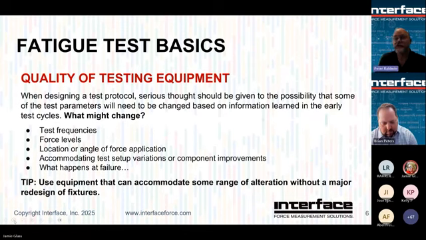The test frequencies themselves, the force levels on a given test, location or angle of the force application, accommodating the test setup with variations or component improvements, and how to respond at failure. So using equipment that can accommodate some range of alteration without a major redesign of fixtures would be quite helpful to the project.